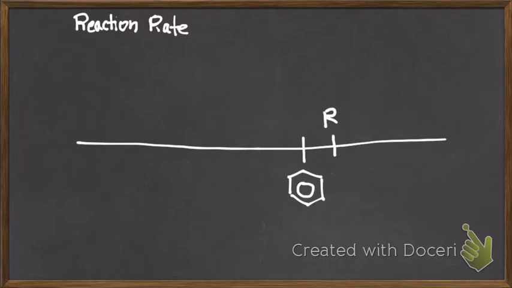So I'm going to put it right here. And I'm going to put one lone pair on it to remind ourselves. It looks like somebody's screaming again. Remind ourselves that they're more strongly activating because the lone pair can donate to the ring. Okay?